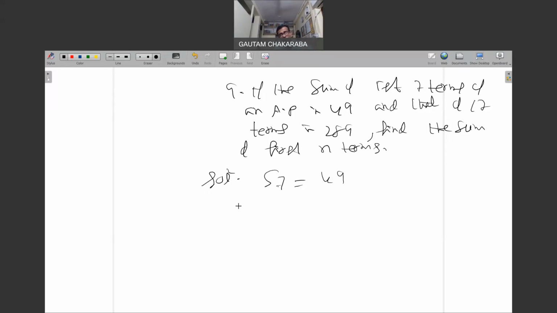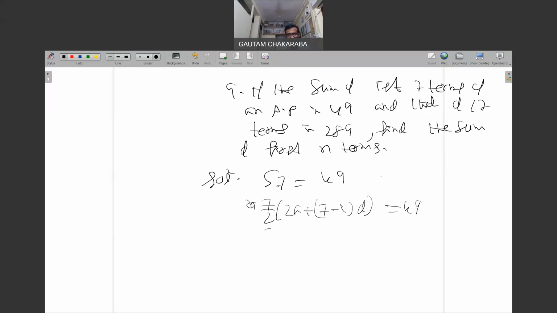You take the first term a and common difference d. In an exam, always write the first term as a and the common difference as d. After that, you apply the identity. So n by 2, n is 7, 2a plus 7 minus 1 into d, 49, right?